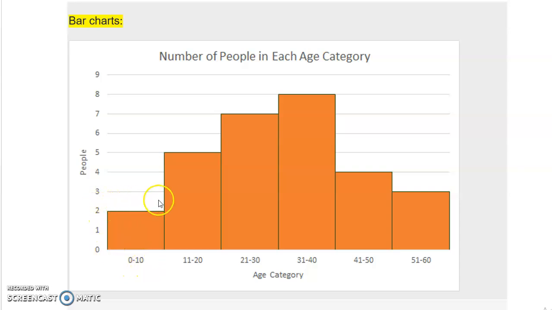So I am making a bar here. Another data point is that the number of people that are 11 to 20 years old is 5 people, and so on. Now the maximum number recorded is here for the age 31 to 40, and the lowest one is recorded here for the people who are 0 to 10 years old.